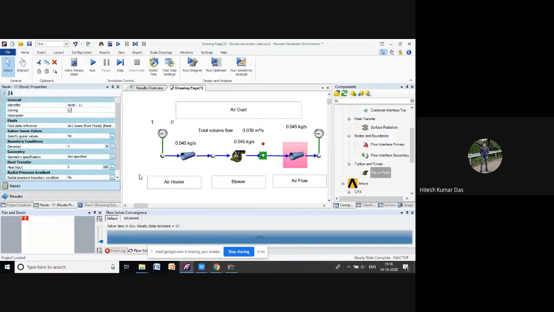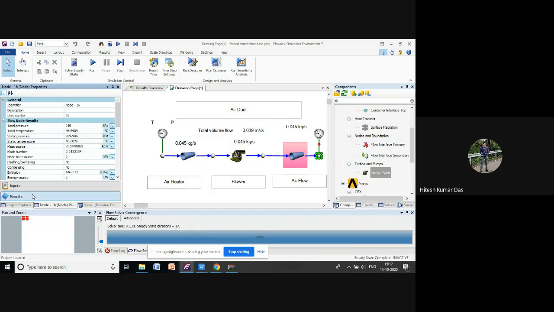So here the inlet temperature you can see is 40.0684 degrees Celsius, and here the outlet temperature is 46.6989.